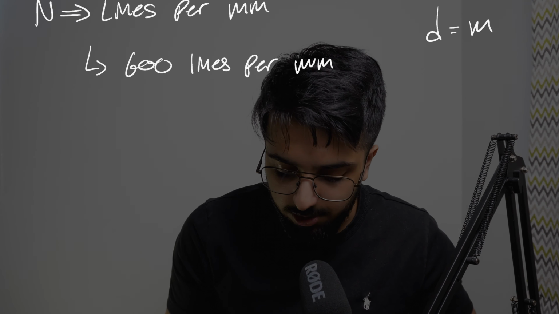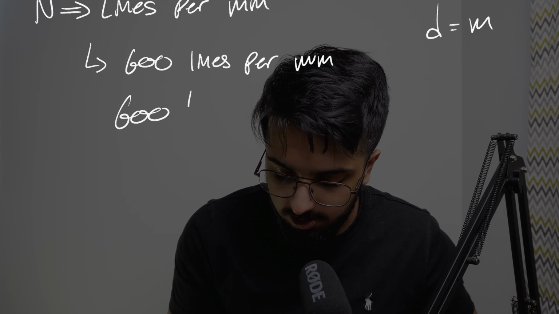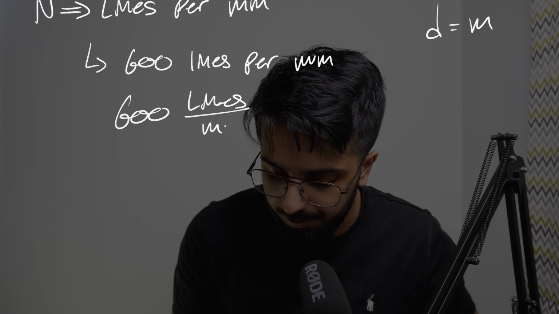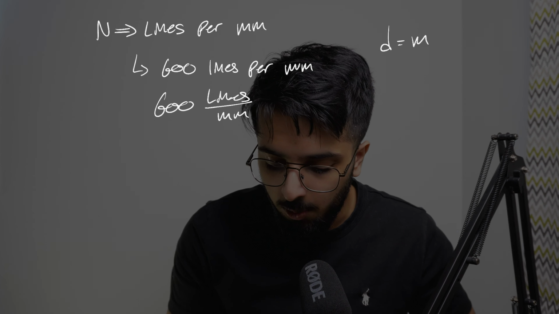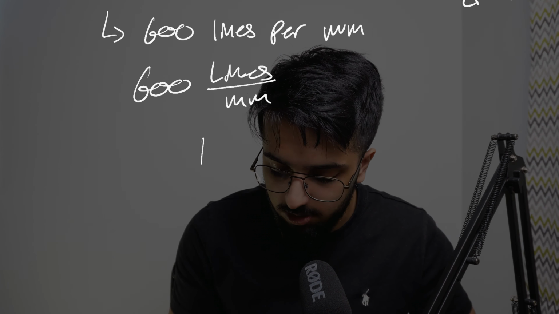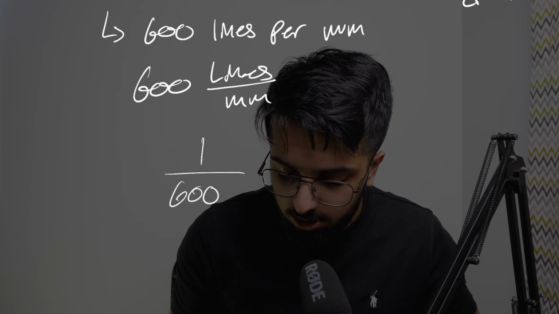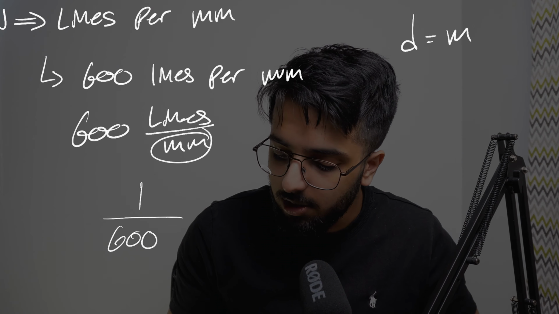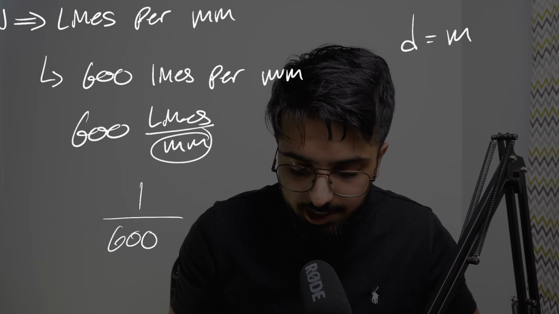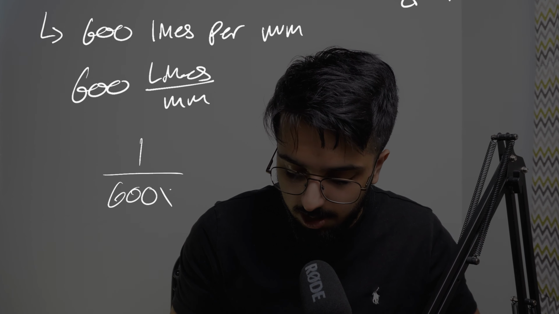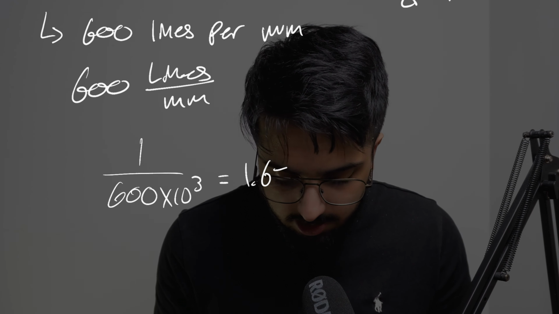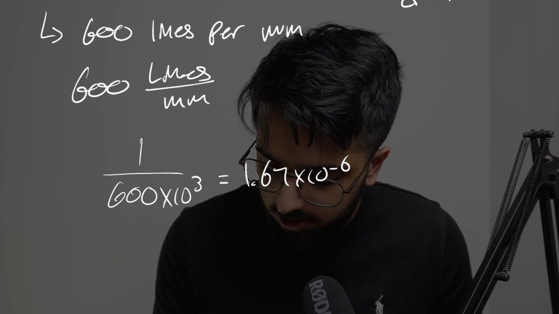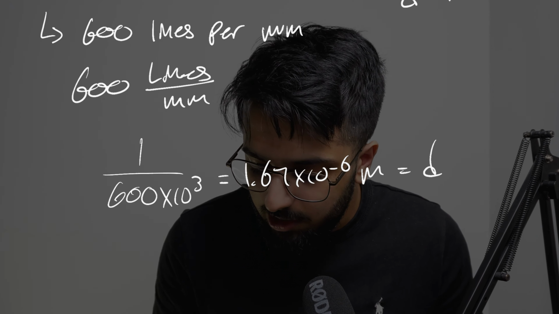So to get d, we simply take the inverse of this. This is in millimeters, but d is in meters, so we need to convert by multiplying by 10 to the 3. And therefore we get 1.67 times 10 to the negative 6 meters, and that is our d value.